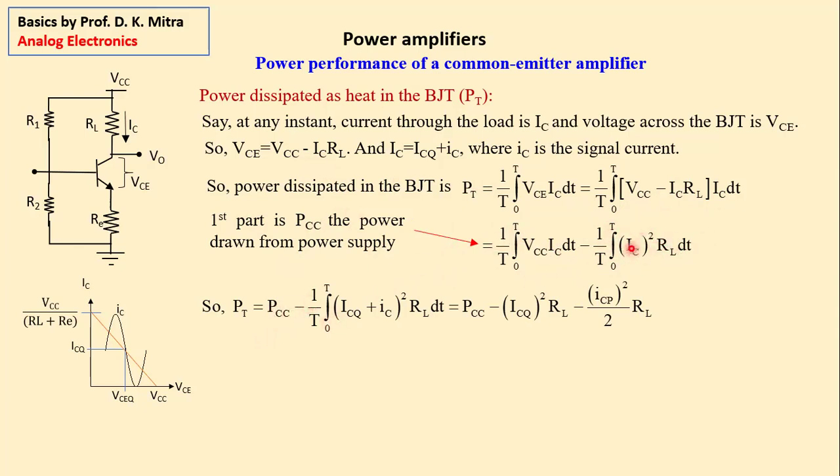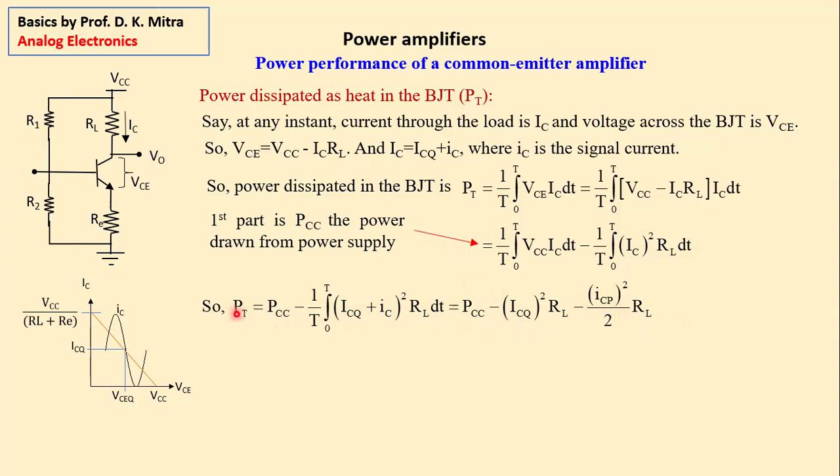And this term, IC I break into ICQ plus small ic, that is bias current plus signal current, whole squared. So PCC comes here. And once again, this is ICQ square RL because ICQ is not time dependent. So ICQ square RL plus the small ic part will be once again icp square by 2 RL. These are the three parts.